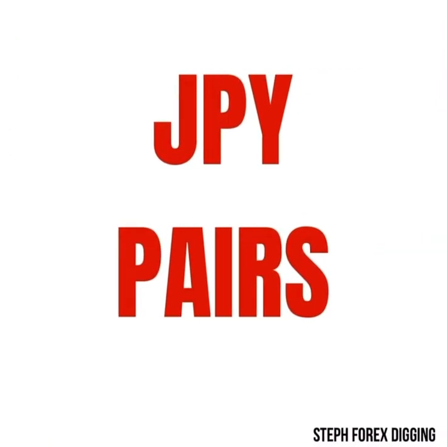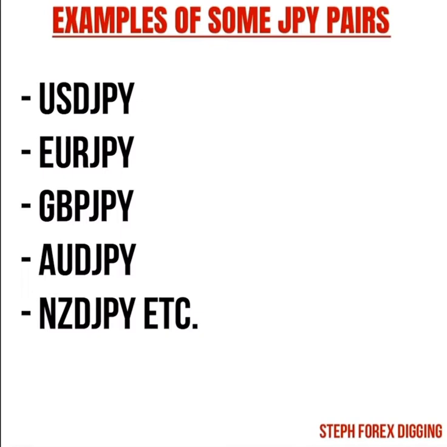All right, guys, so we're going to talk about JPY pairs now. Remember, we said that the only ones that don't follow the general rule, which is that the pip is calculated from the 4th decimal place. Examples of some JPY pairs are USD JPY, Euro JPY, GBP JPY, AUD JPY, and so forth.